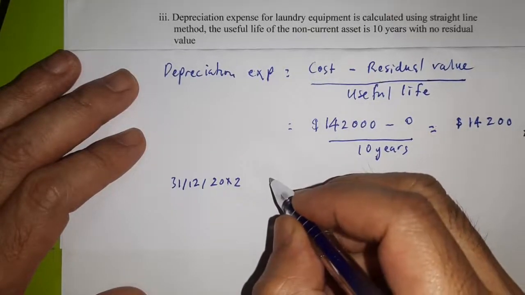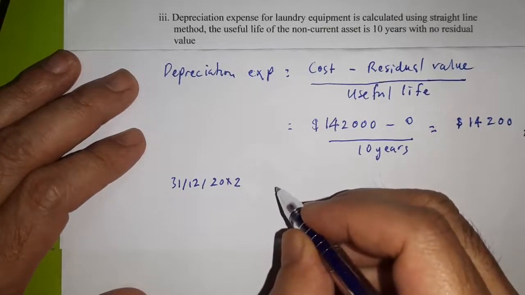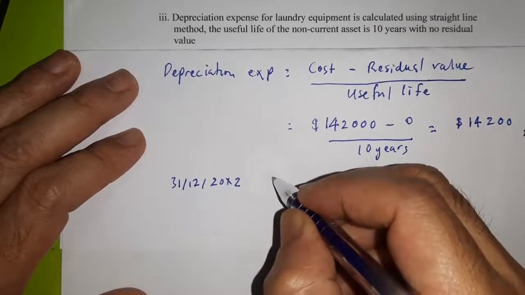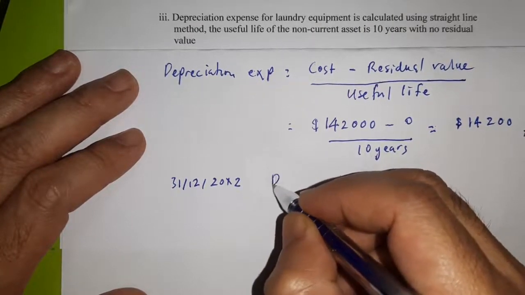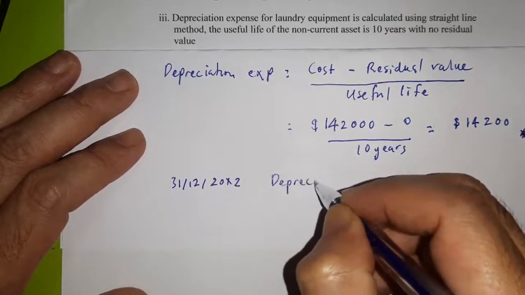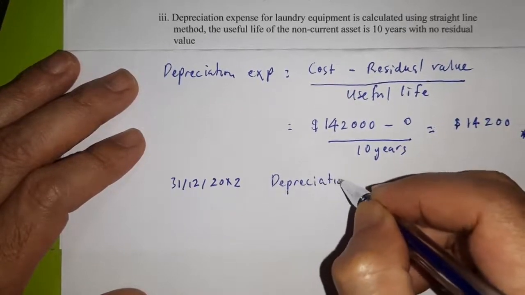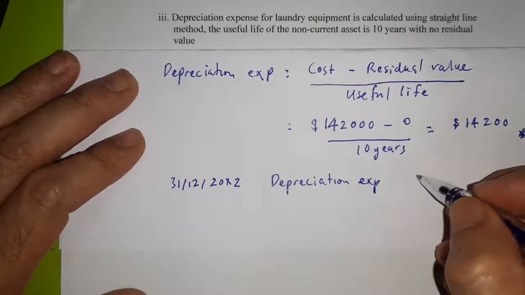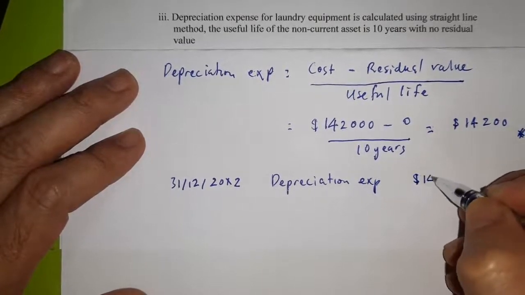So you have to memorize the adjusting entry. You have to debit the depreciation expense. In this question, it is 14,200.